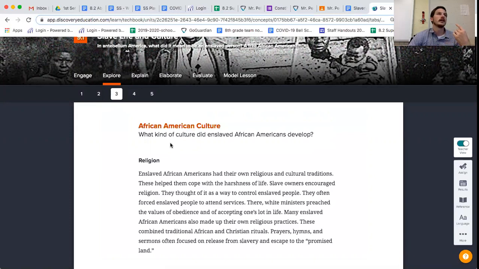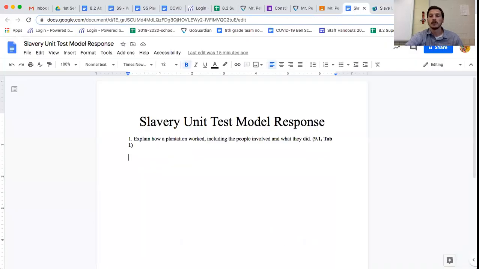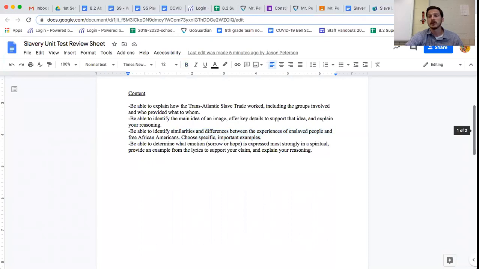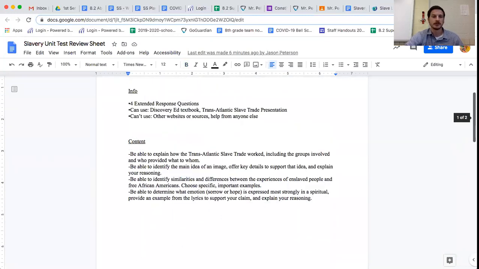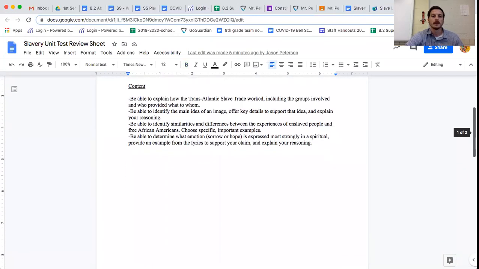You would have seen in there that they both helped with the Underground Railroad. They both faced discrimination. These are specific things that show me you've studied it deeper and you've understood it. So just keep that in mind when you do the test. Actually, when you're preparing for the test, because you should be doing that during your studying.